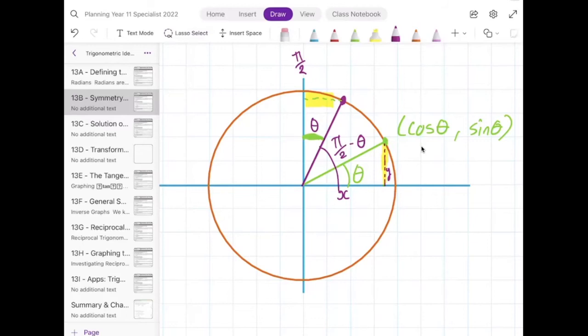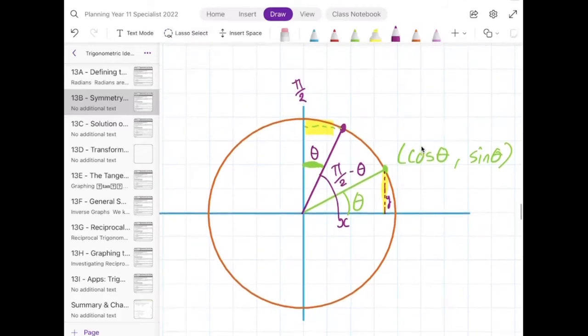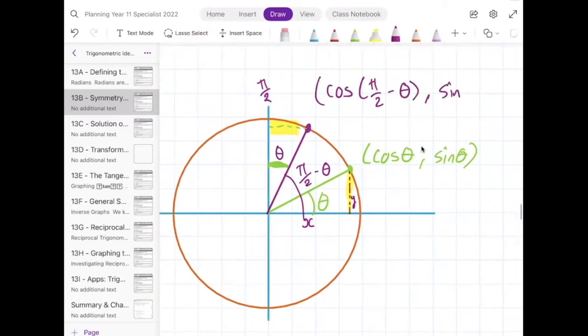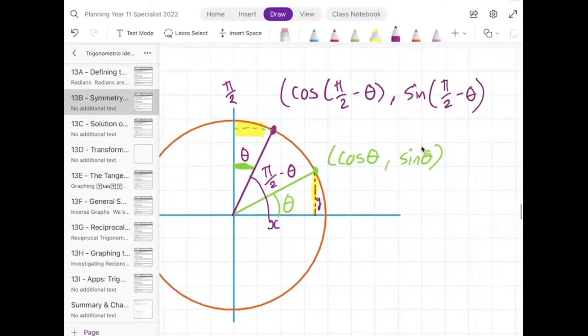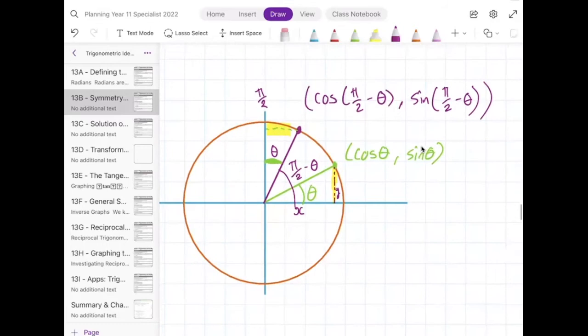Now, if I do pi on 2 minus theta, I get the complement of sine, or the complement of cos. So I could write this point, if it's cos theta comma sine theta, and theta is pi on 2 minus theta, as cos of pi on 2 minus theta, comma sine of pi on 2 minus theta. Now, this is where the idea gets a little more interesting.